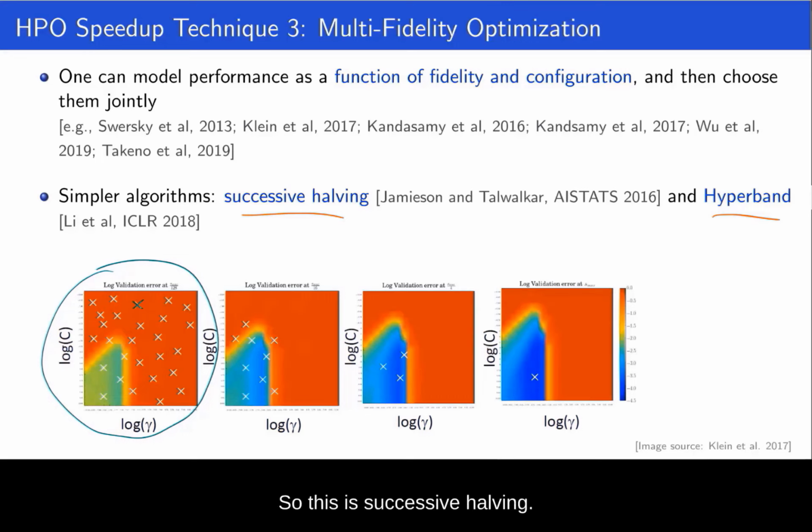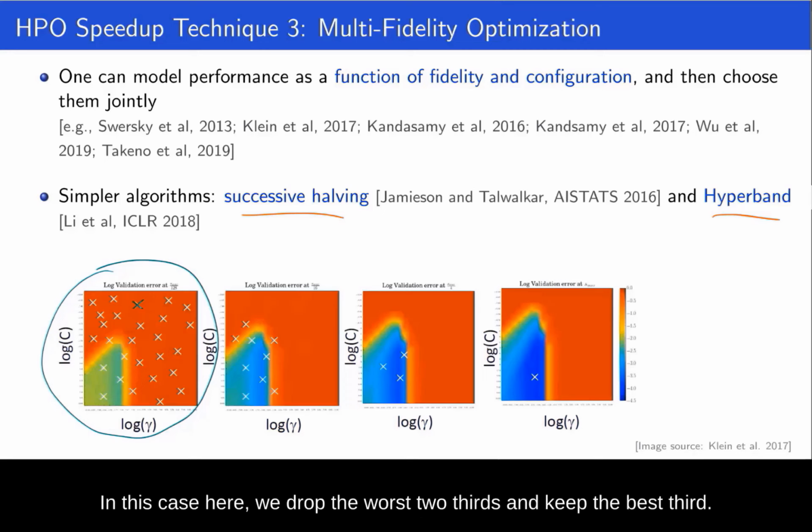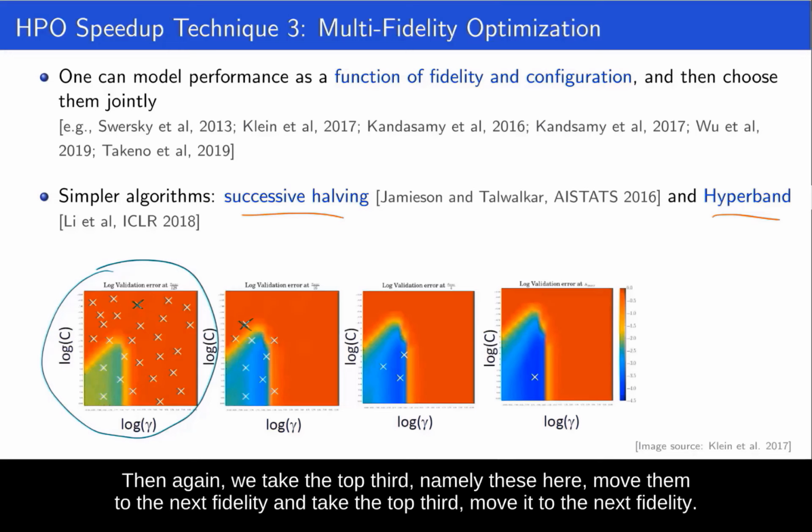Then the algorithm works by dropping the worst half or worst 2/3, depending on a hyperparameter. In this case, we drop the worst 2/3 and keep the best third, and move the best of these to the next fidelity level.